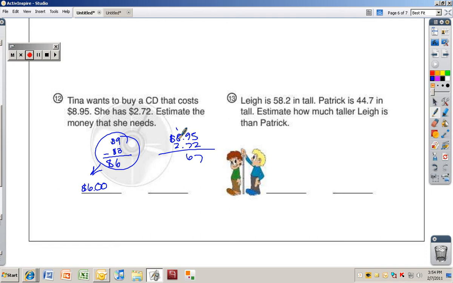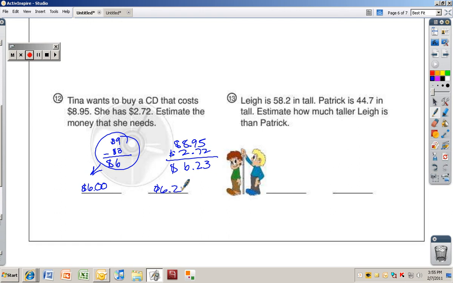Why are you subtracting on one and adding on the other? Why would you erase the whole problem? Okay, go. 8, 9, 5, and 2, and 72. 3, 2, 6.